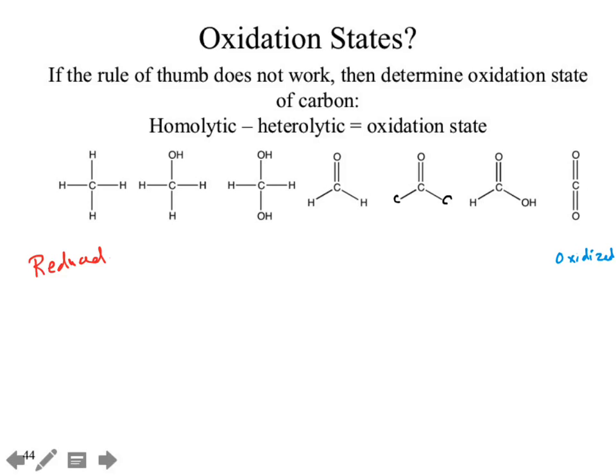I can't remember. -2 unless bonded to. That's interesting. It was actually kind of a trick question. You shouldn't have been told to memorize. Why are you told to not memorize carbon? Because it always depends on what it's touching. Depends on what it's connected to. Okay, so the oxidation state for carbon is exceptionally variable.